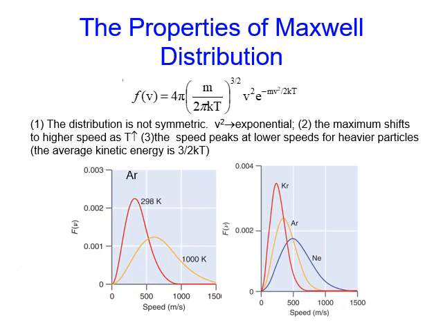Let's plot this equation, the Maxwell-Boltzmann distribution function for argon gas. First, plot at 298 Kelvin, and you can see the most probable speed for argon at 298 is about 400 meters per second.